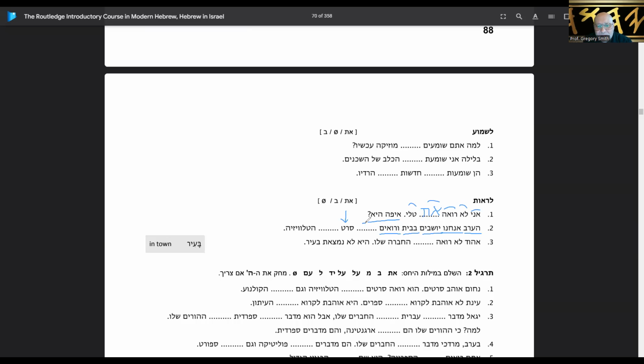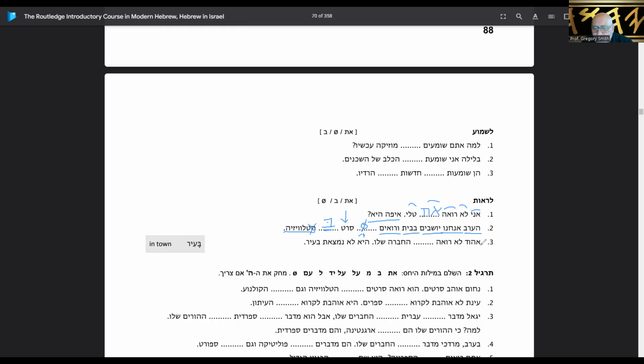So I think it's going to be this here. There's going to be no definite place marker there. Movie blank televisia. Now this hey, remember, is going to get knocked out of there, and we're going to have a bet here, and the patach is going to take the place of the hey. So it's ba televisia, on the television. So we should have et, no et, and then a bet there.